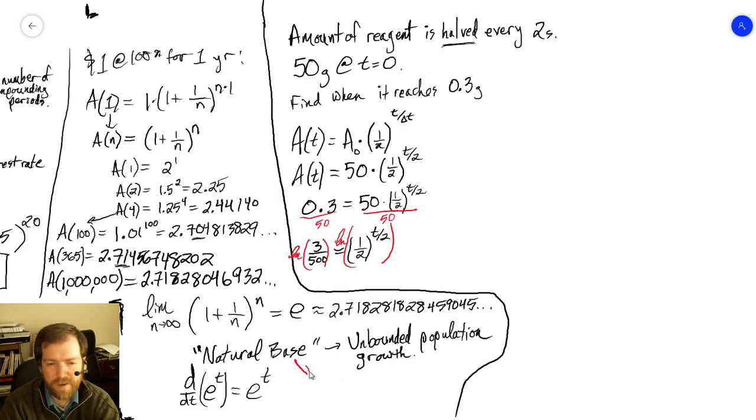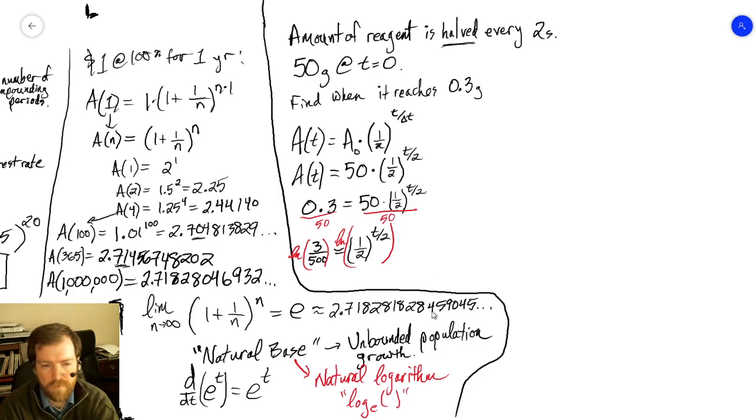So the natural logarithm is going to be the log with base e of something. So we use our base of 2.718281828459145, etc. And here then we use the logarithm rules that we had from earlier. So this is the natural log of 3/500ths.